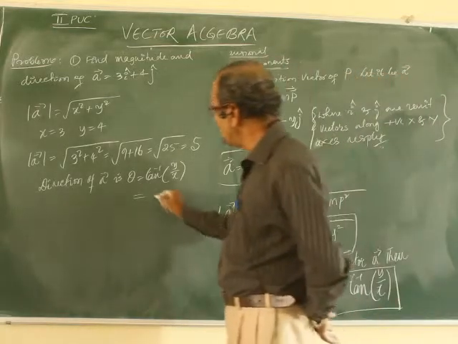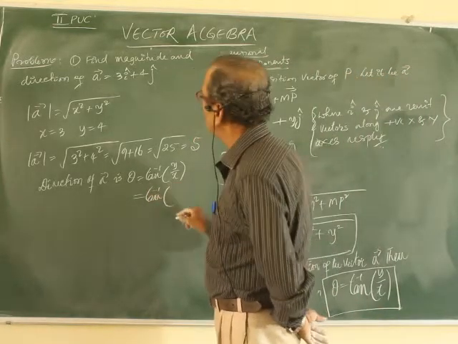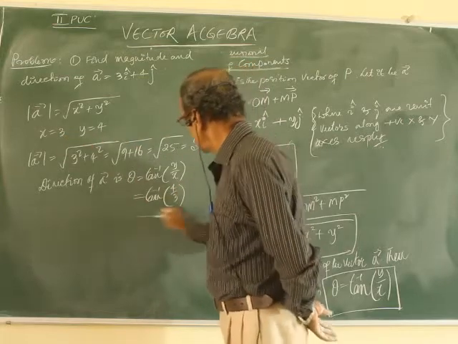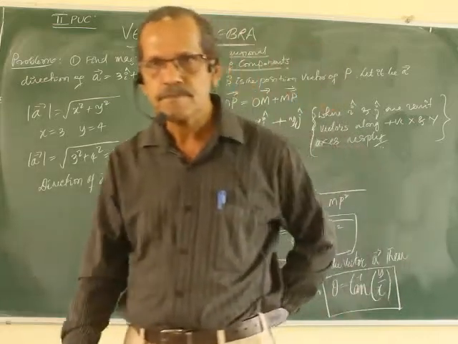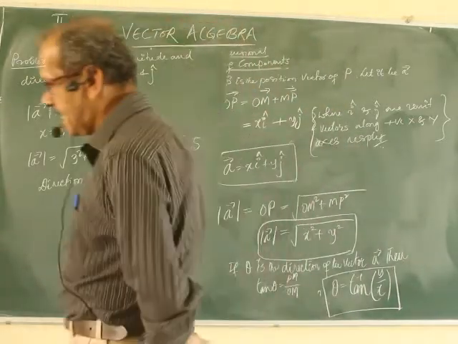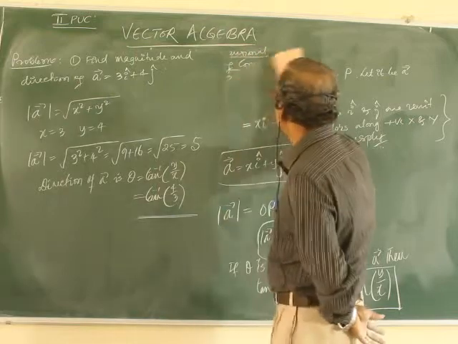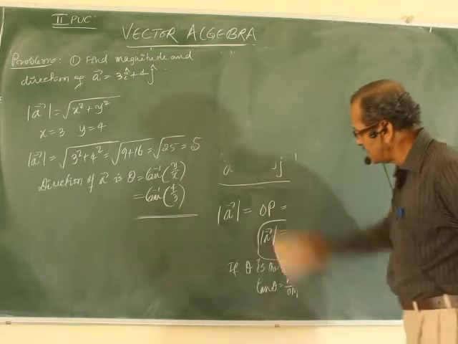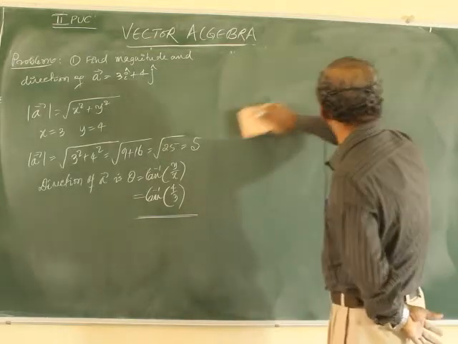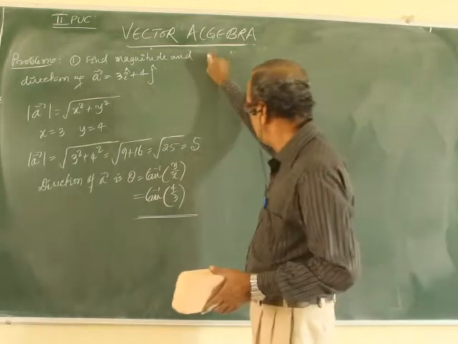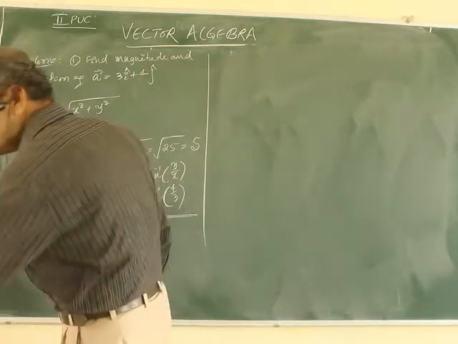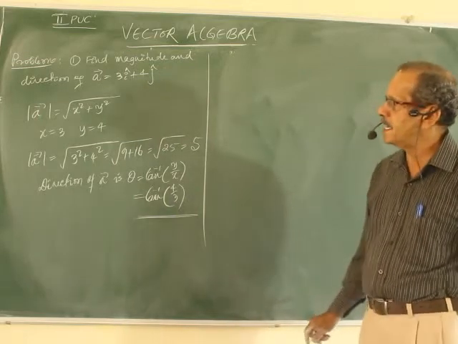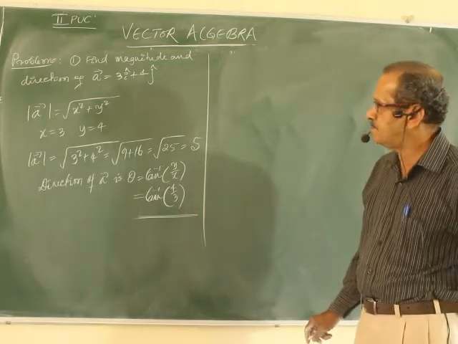See here formula, y by x. Tan inverse of y is 4, x is 3, 4 by 3. Magnitude and direction of the vector. Now it is very clear, see. What about the component representation of the vector and how to find its magnitude and direction.